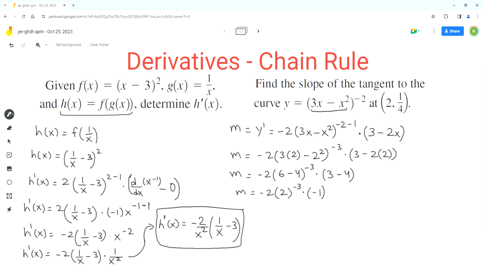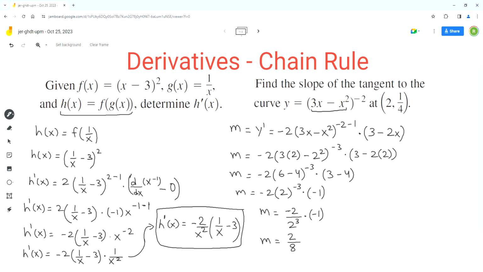Now we can make the exponent on the 2 positive by moving that 2 to the denominator. So we get -2 over 2^3 times -1. Now we can multiply -2 by -1 and we get positive 2, and the denominator is 8.